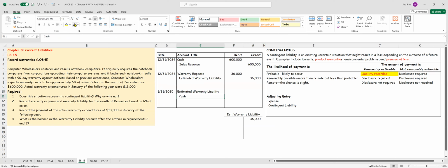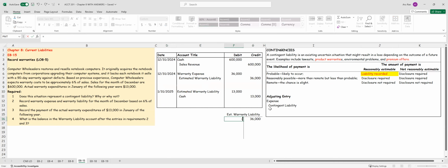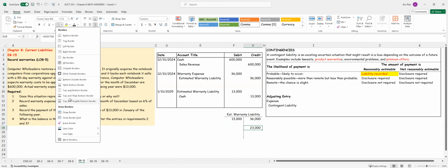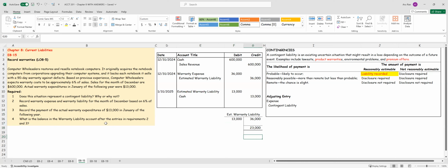So instead of doing salaries expense debit, cash credit, or the inventory parts debit, cash credit, we're doing warranty liability debit, cash credit, and that's the $13,000. After this journal entry, in warranty liability I will have $13,000 on the debit side, leaving me with a balance of 36 minus 13, which is $23,000. That's the balance in the account.